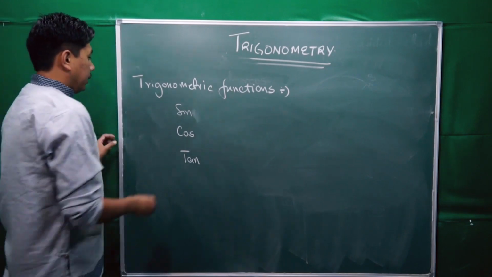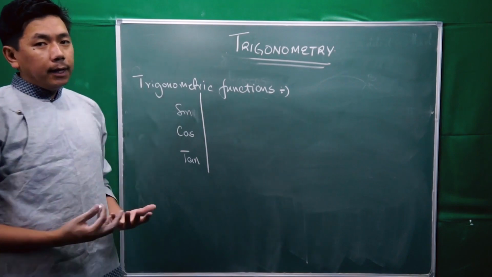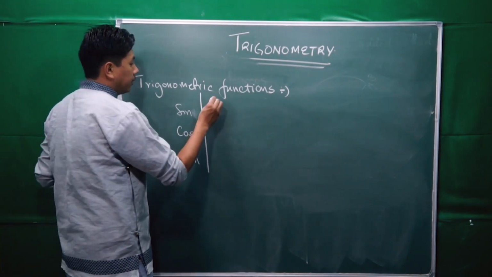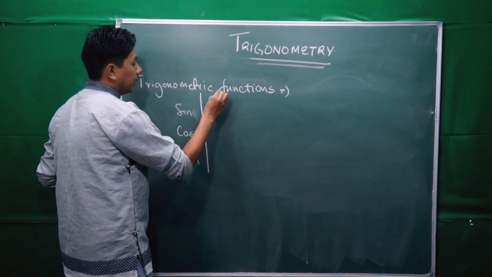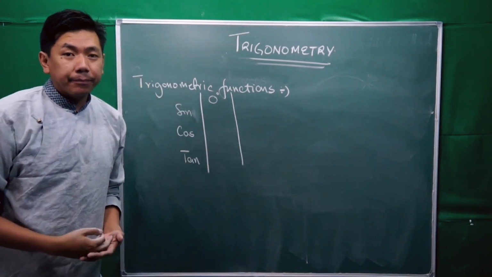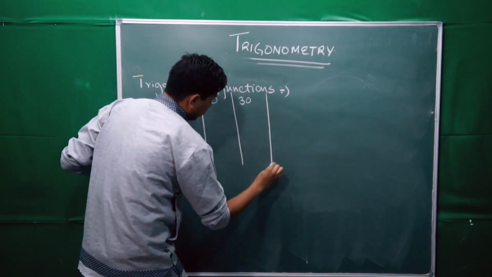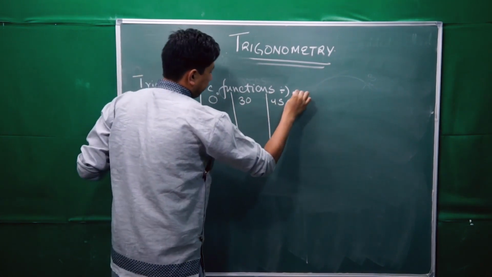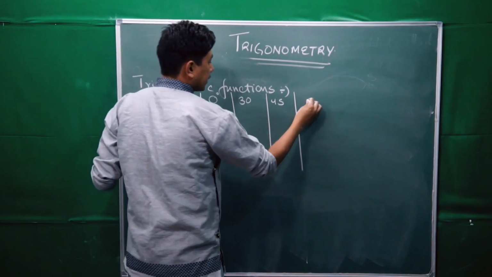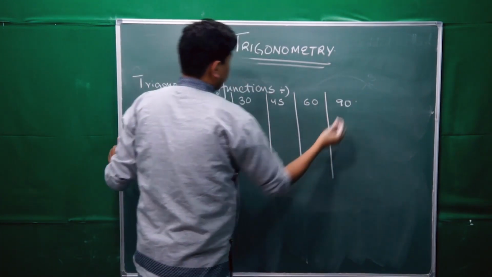And then for certain values of angle, for example in 10th we talked about 0 degree. The next angle would be 30 degree, next 45, then 60, and then 90.